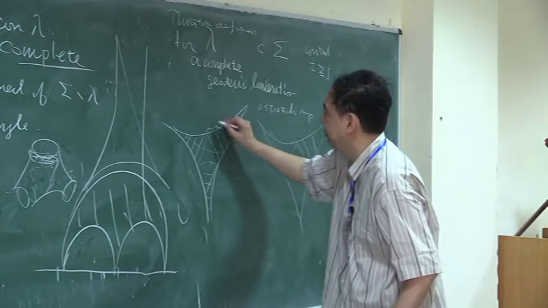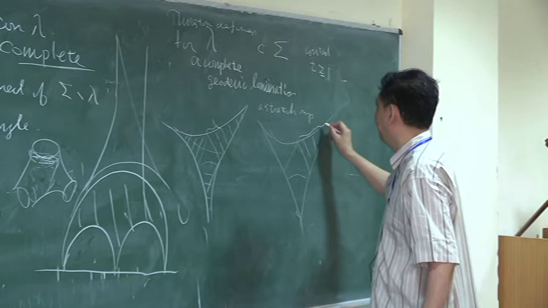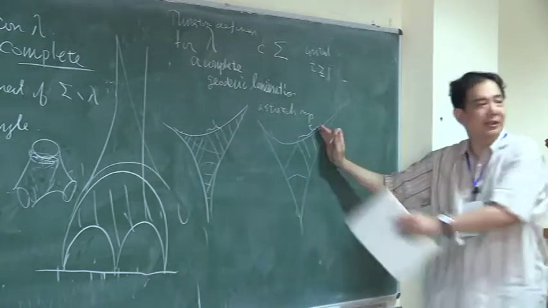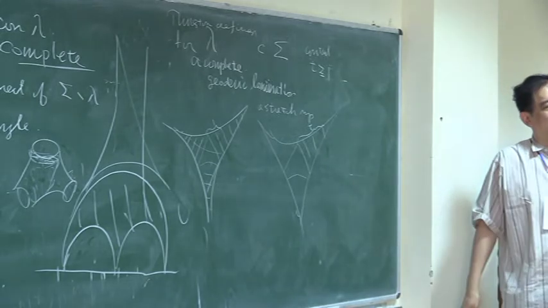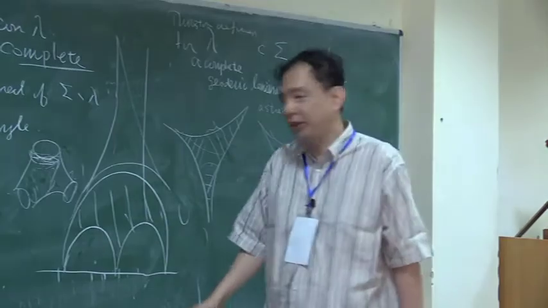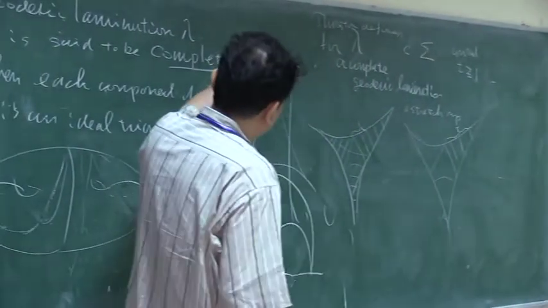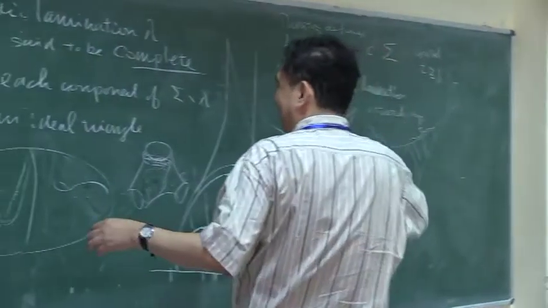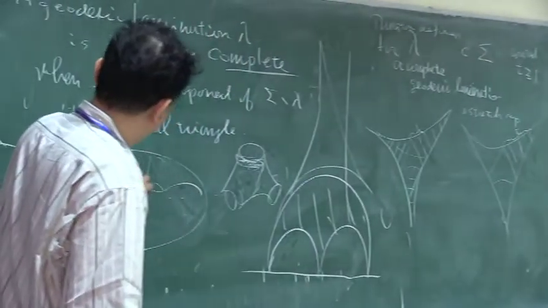So if this is 1, then here you have t. So you stretch this part by the factor t. Such a map is called a stretch map. So you take the one constant t and stretch everything by this factor on the complement.